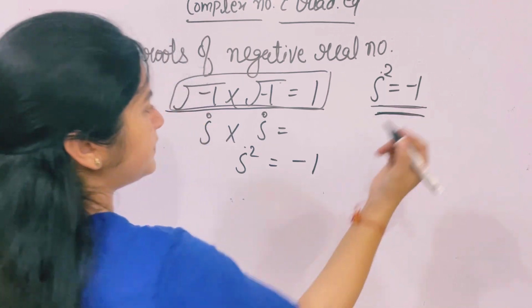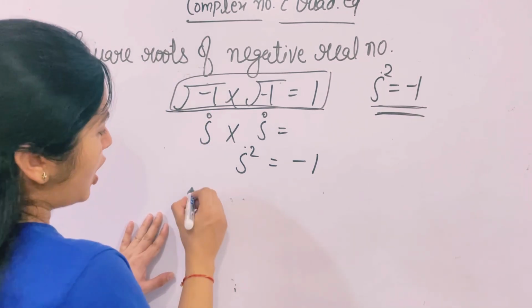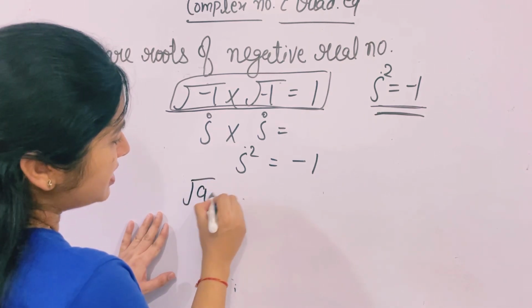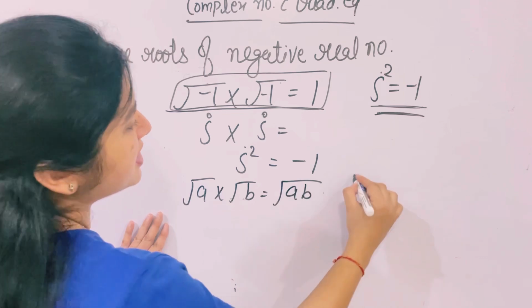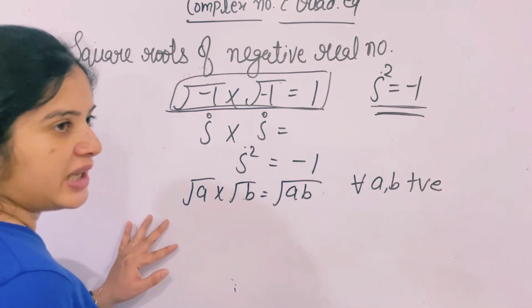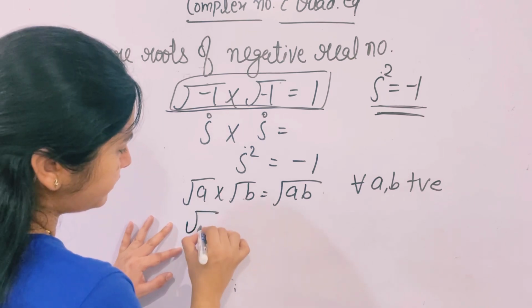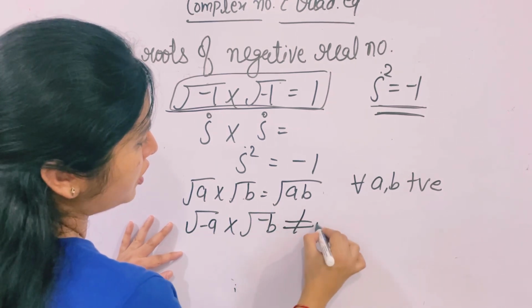So this rule is true only for positive real numbers, if both numbers are positive. If they are negative, this is not true.